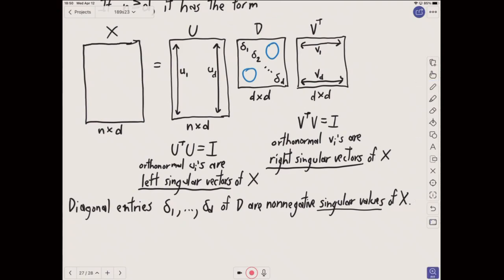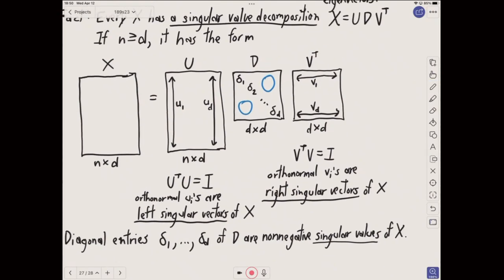Now, one thing I want to point out about this matrix decomposition is that since D is diagonal, you can write it in a form that is a little simpler than full-fledged matrix multiplication. You can really think of it as just the sum of D outer product vectors.